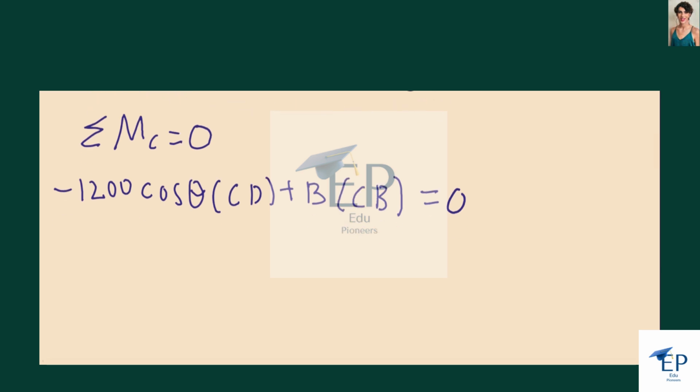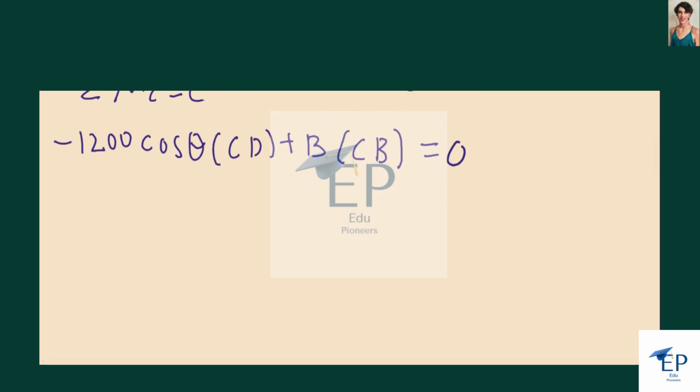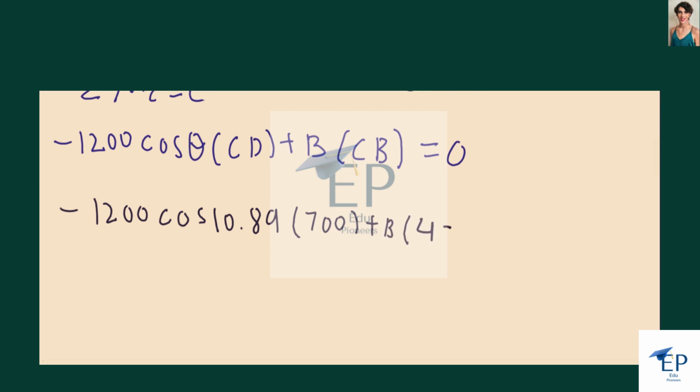So we plug in the terms that we know and solve for B, where B is the force at the point B. So we have negative 1200 times the cosine of 10.89 times 700 plus B times 458.25 equal to 0.